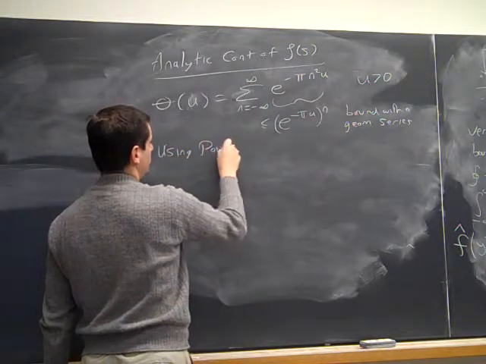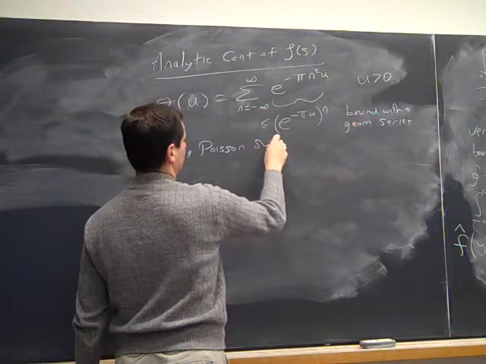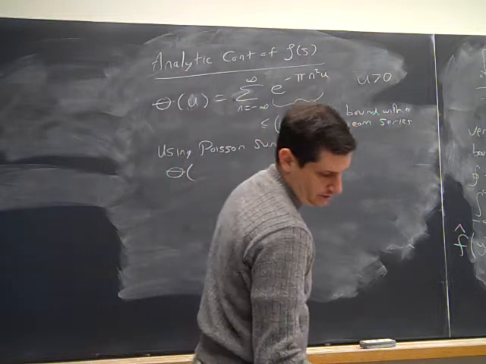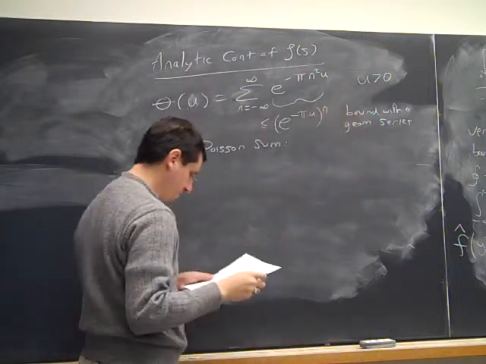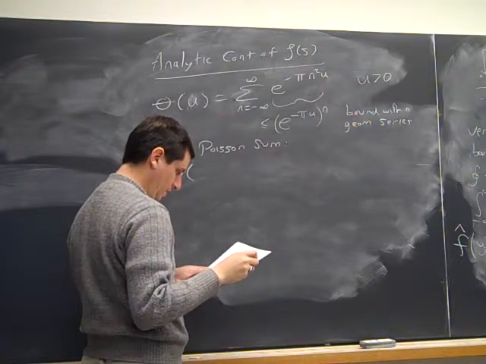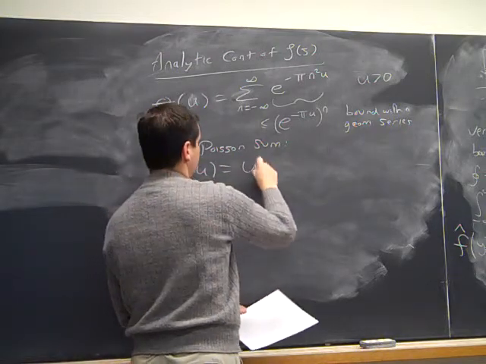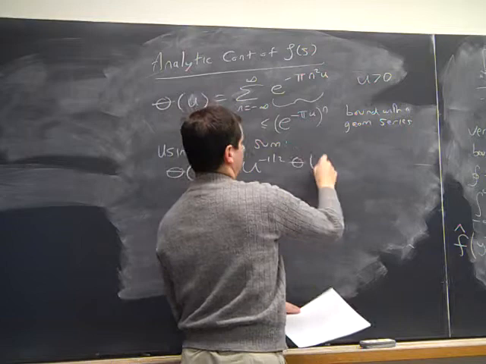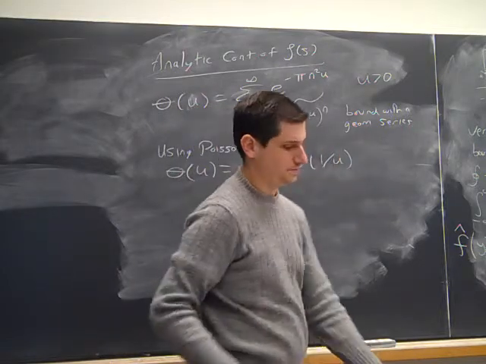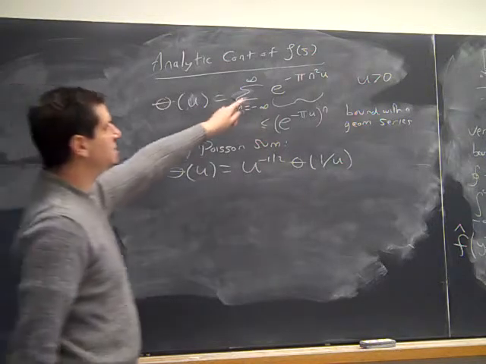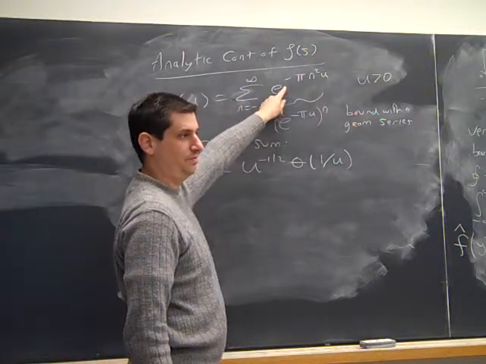Using Poisson summation, I just want to save time and write what it is. Theta of u is u to the minus 1/2 theta of 1 divided by u. And again, this is exactly set up to use Poisson summation.